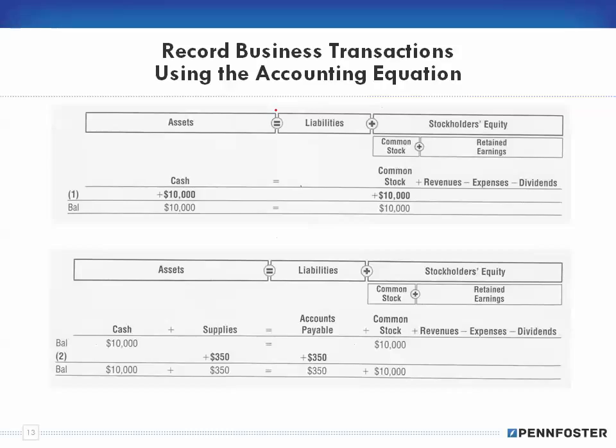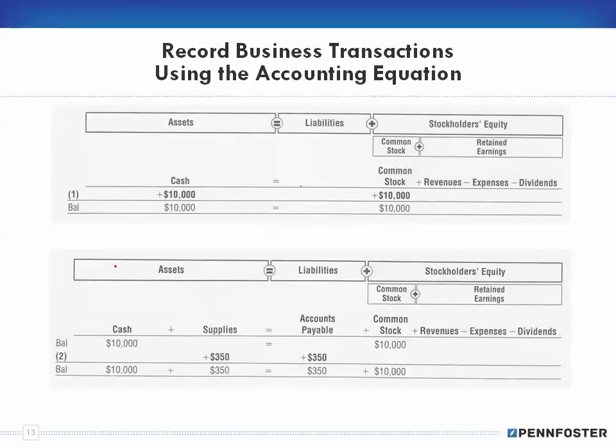The same underlying concepts apply for any transaction, not just an investment in the business, but if you're paying rent, paying utilities, making a sale, taking out a loan, paying off an accounts payable, it's all exactly the same. If you understand the concepts, you have, quote unquote, that X-ray vision to know what's going on.